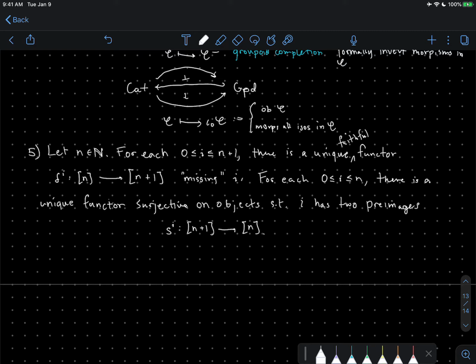So we end up with a sequence of adjunctions because for each i, now actually strictly greater than 0 and less than or equal to n plus 1, we have that delta i is left adjoint to s upper i minus 1, which in turn is left adjoint to delta i minus 1.